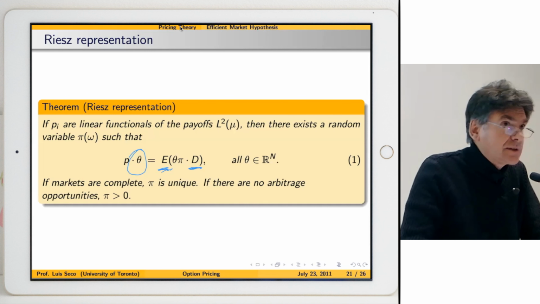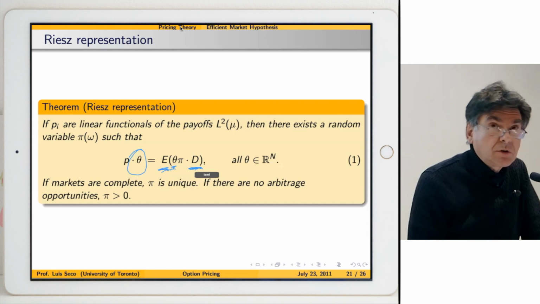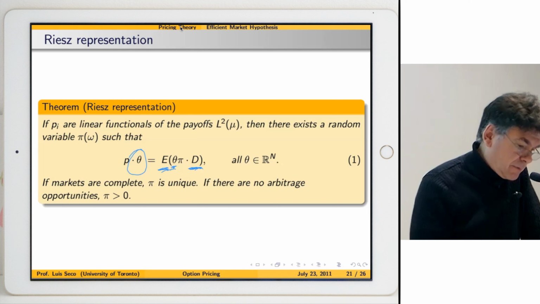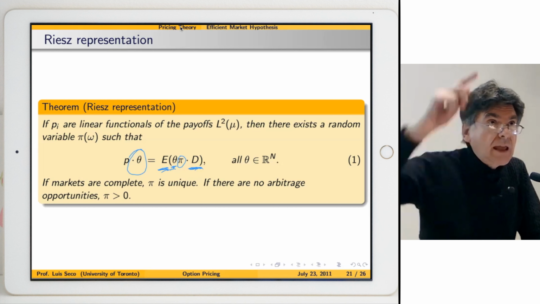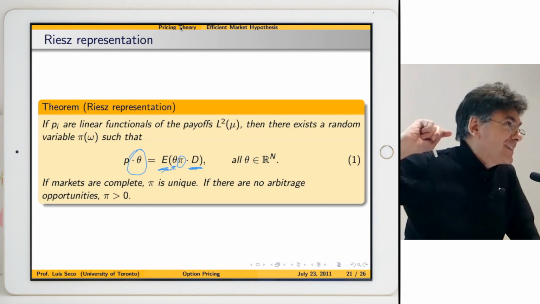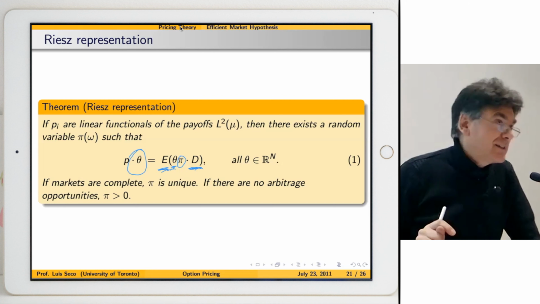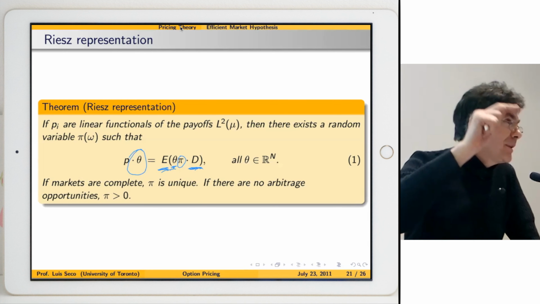It's telling me that the price is the expectation of the portfolio payoff. Why is it not wrong? Because of pi. Pi is changing. Every event gets a different weight. What pi does is change the weight of every event so that it has the right probability.